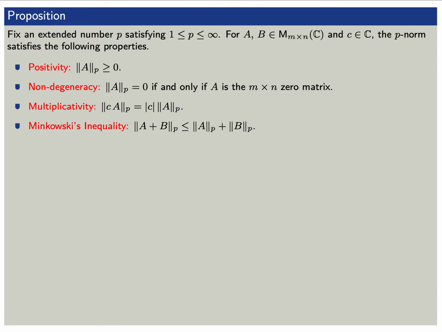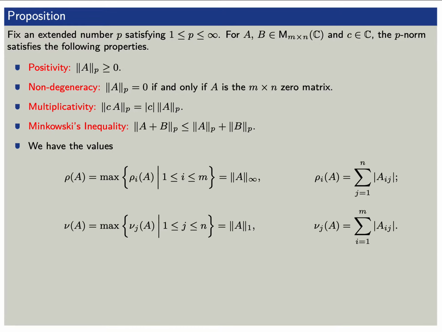Next, we have Minkowski's inequality. This says that the p-norm of the sum of two matrices is less than or equal to the sum of the p-norms. We have the following two values. First, let's denote rho sub i as the sum over the absolute values of the entries in row i. Next, we'll denote rho of A as the maximum of each of these rho sub i's.